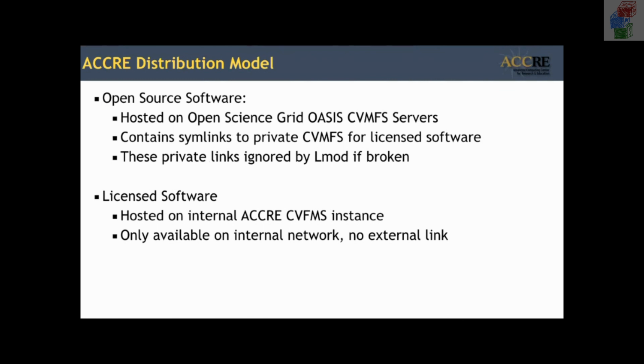We just flag certain directories as private modules, and those become symlinks to another location. If you're out on the cloud, these private links will be ignored by Lmod if they're broken. So all the licensed software we host on a completely separate CVMFS instance. This is only available on the internal network. There's no external link.